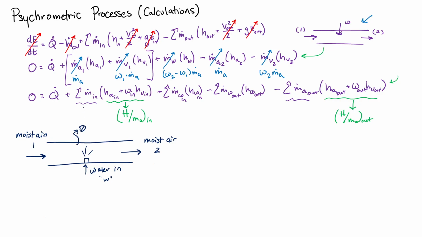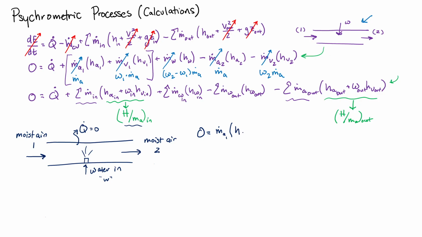So my Q here is 0 for adiabatic. And what that means is that my equation becomes 0 is equal to my m dot of air at 1 times, I'll do this in the terms without this green piece first, and I'll add the green piece right below it.